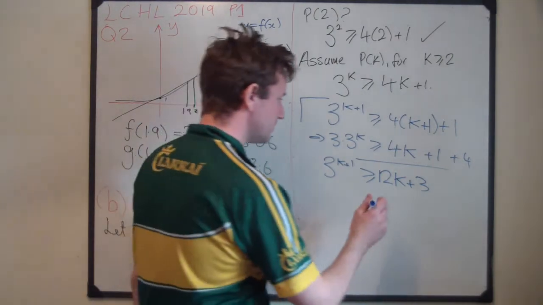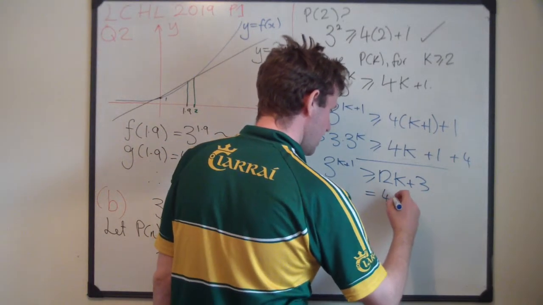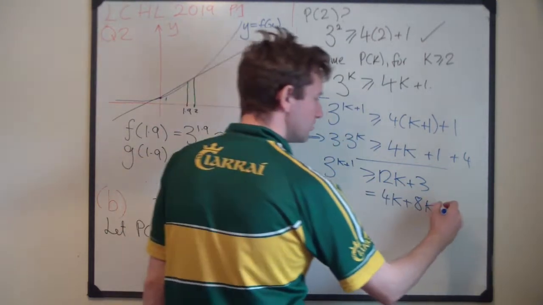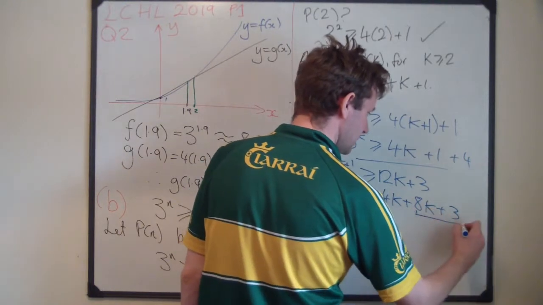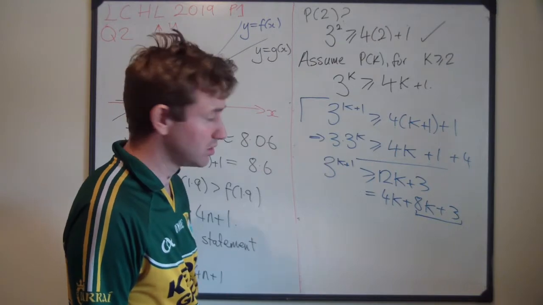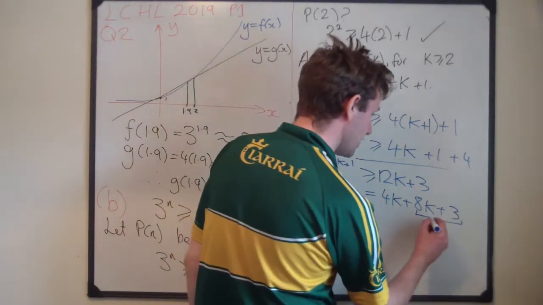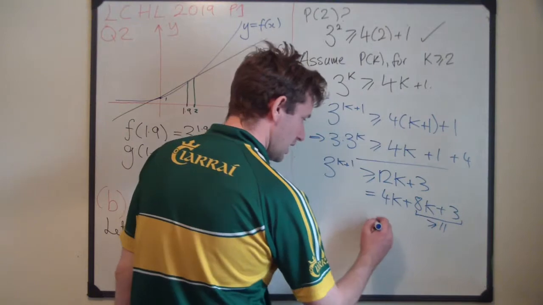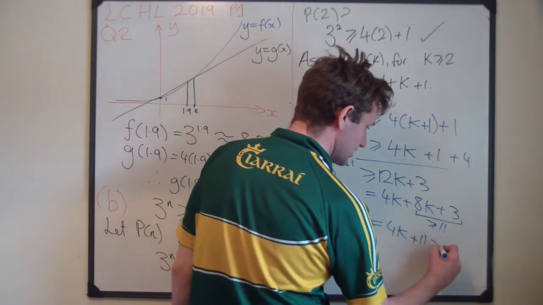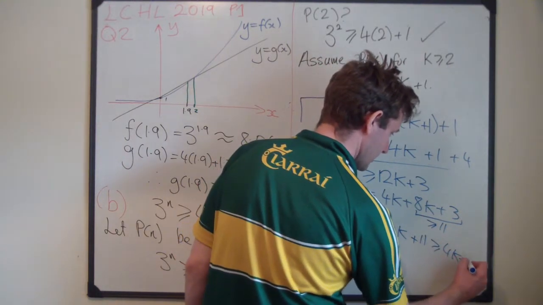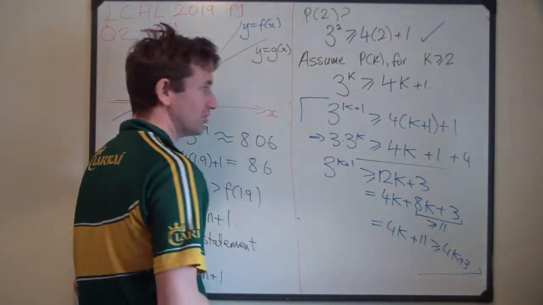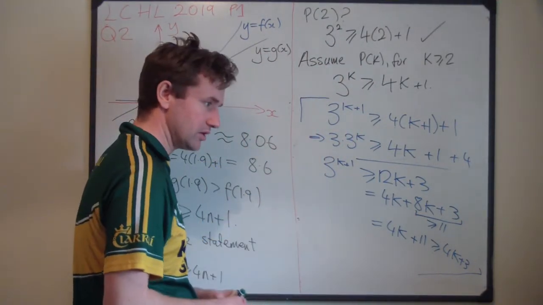That should be no problem, because this is equal to 4k plus 8k plus 3, and because k is bigger than or equal to 2, in particular it's bigger than or equal to 1, so this thing is actually bigger than 11, and so you have 4k plus 11, and this is certainly bigger than 4k plus 3. So this actually ends up being pretty much the proof, but this is in the rough work. This shouldn't go on your question paper.